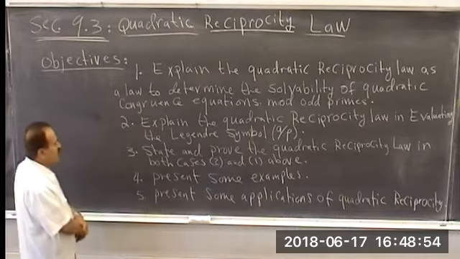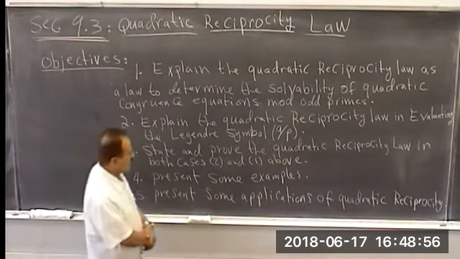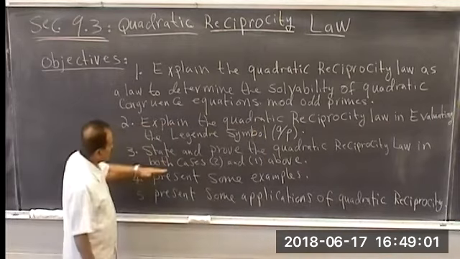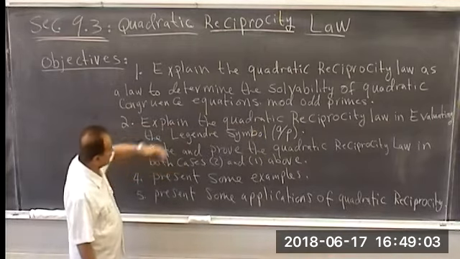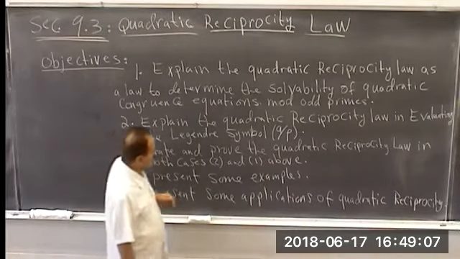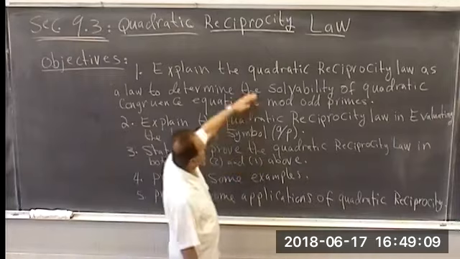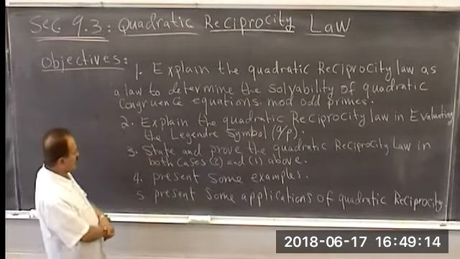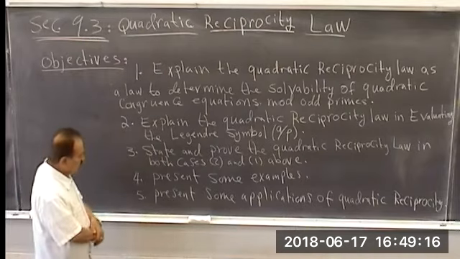Then we're going to state and prove the quadratic reciprocity law, which is really not very hard. We're going to start with the proof of the second case, in terms of the Legendre symbol, and then as a corollary, prove how it is related to the solvability of quadratic congruence equations.